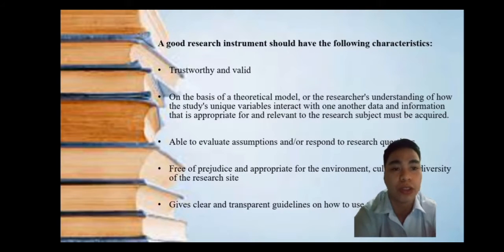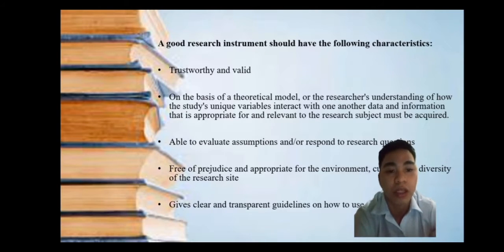A good research instrument should have the following characteristics. Number one, trustworthy and valid. Number two, on the basis of a theoretical model or the researcher's understanding of how the study's unique variables interact with one another, data and information that is appropriate for and relevant to the research subject must be acquired.